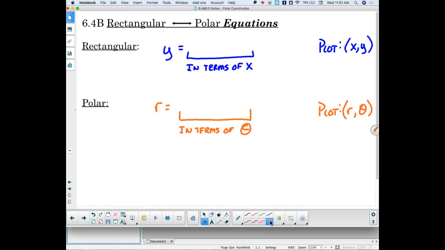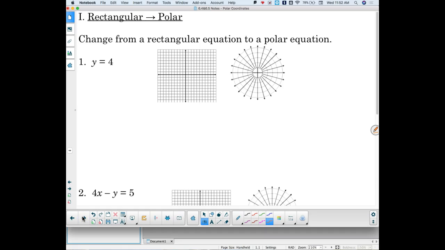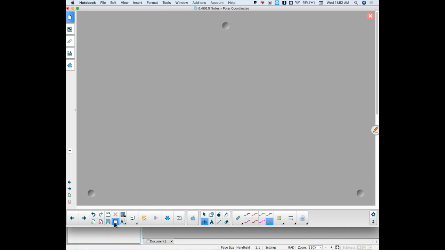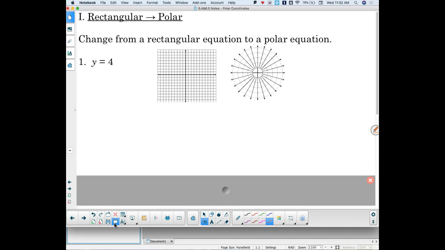Just like converting rectangular to polar and polar to rectangular, we can convert equations into the other one. So on this particular one, I would like to change y equals 4 into a polar equation.